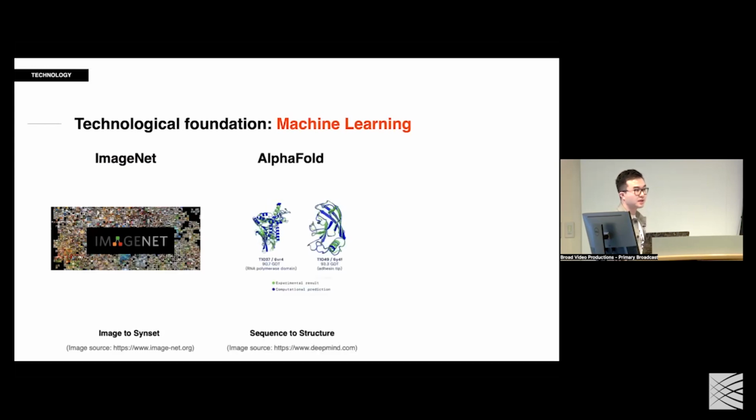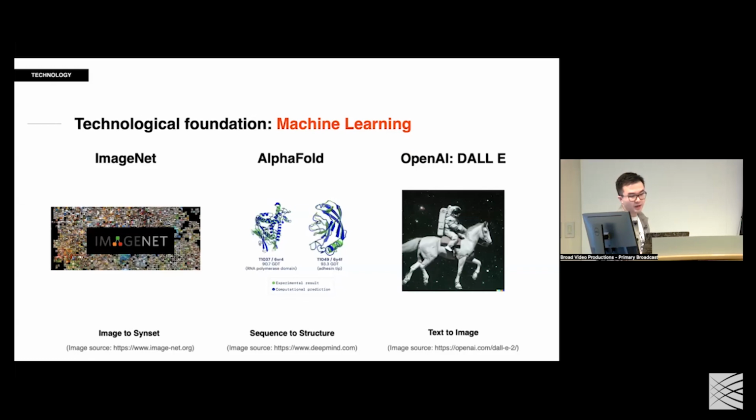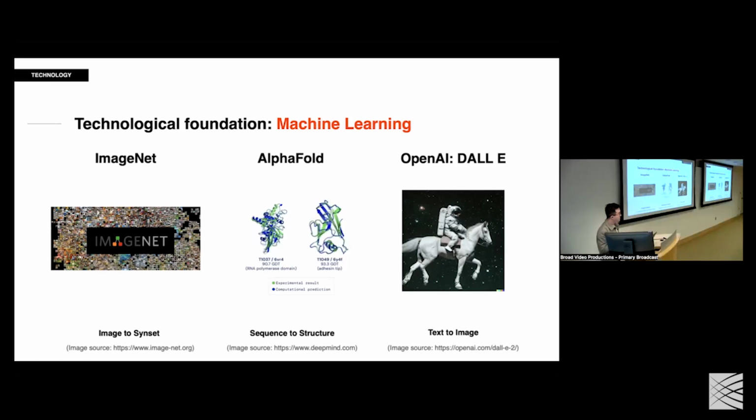And then more recently, AlphaFold from DeepMind did this very cool work to generate protein structures. And even more recently, OpenAI is very popular, everybody's using ChatGPT. Before ChatGPT, they released the DALL-E framework to generate image data from text.